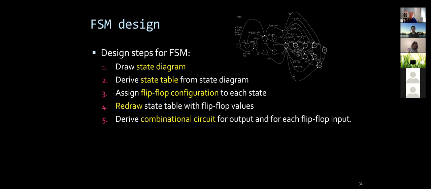Then you take the state diagram and you assign a flip-flop configuration for each state. So each state is modeled with one particular flip-flop, right? And then you redraw the state table with flip-flop values. So you replace all this, go crazy and tickles, with the actual flip-flops, right? And then you derive a combinatorial circuit for output and for each flip-flop input.